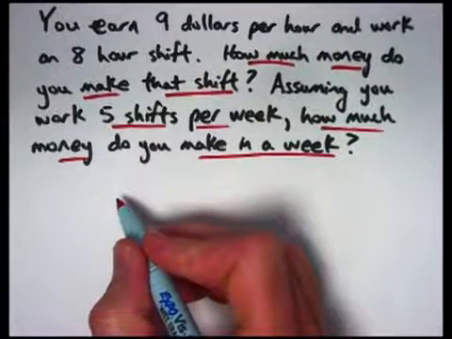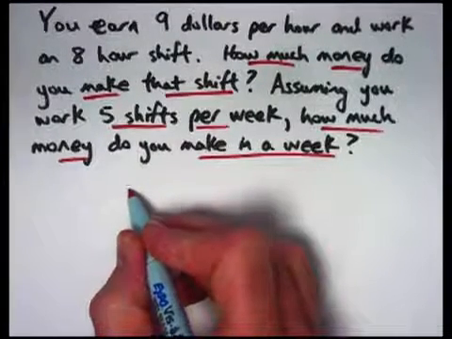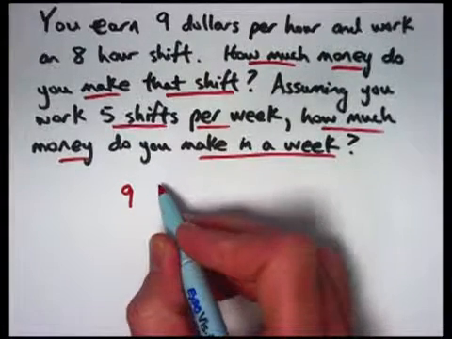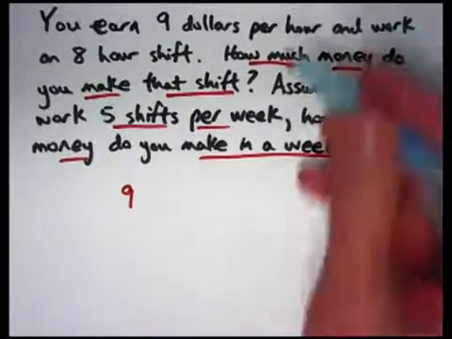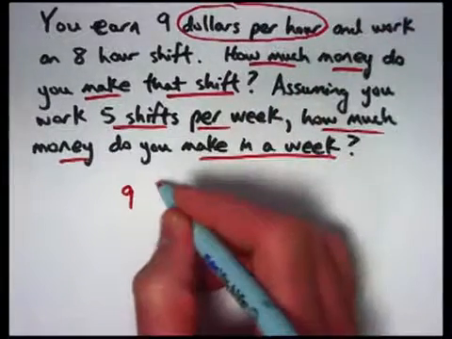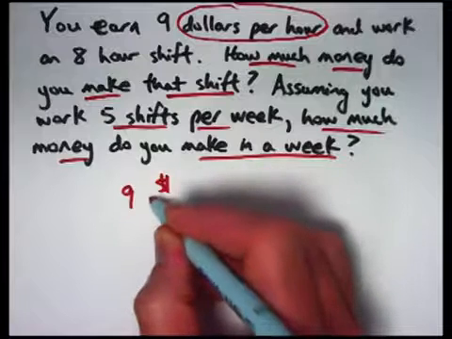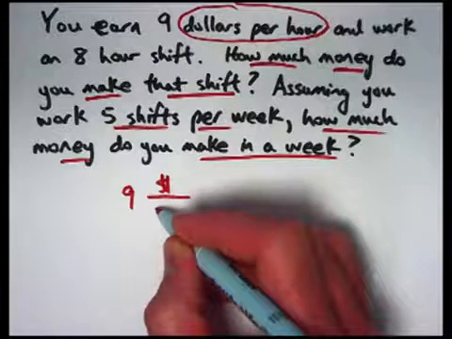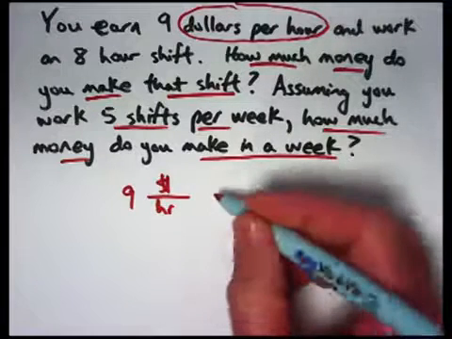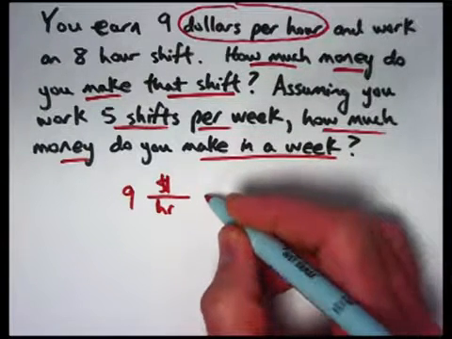As far as writing it out, a standard way to do it is to write the 9 and the 8 with their units. And the standard way to write units of something like this, dollars per hour, is to put a dollar symbol and then put a horizontal line like this, and underneath put an hour symbol, HR. I'll explain that in a minute here.